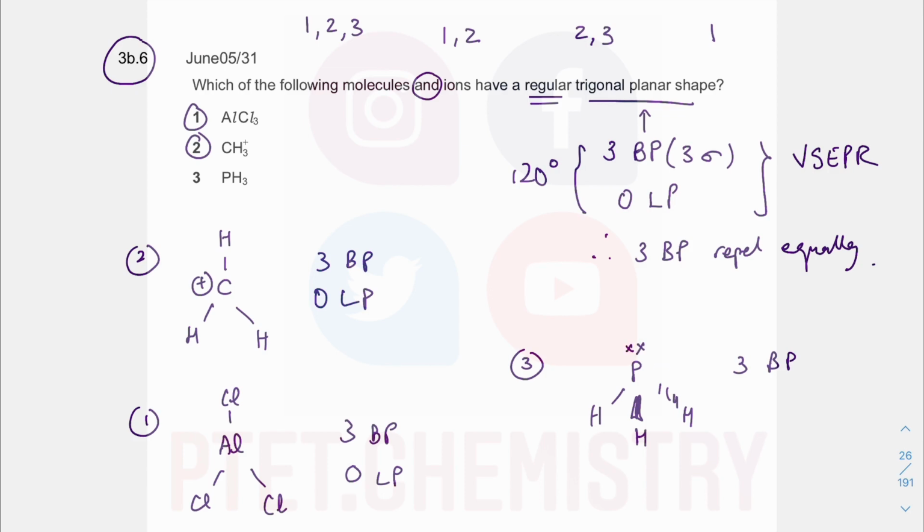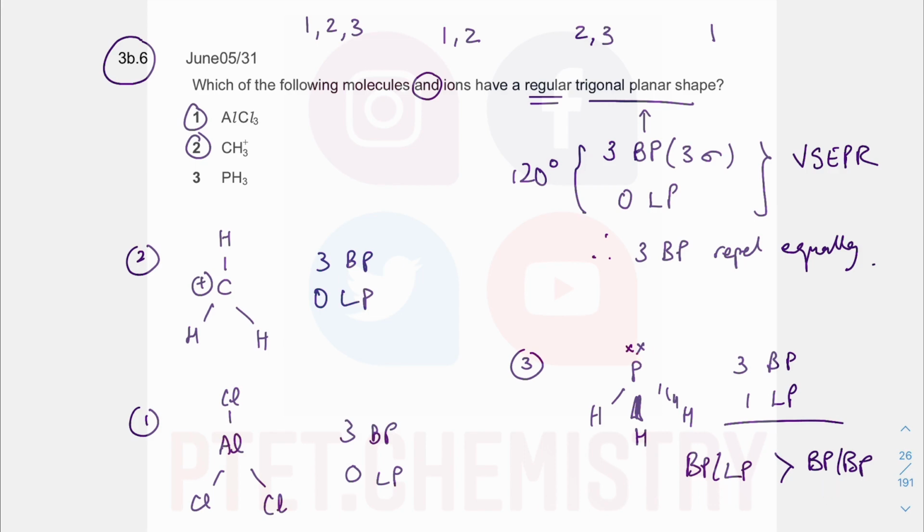They are not used for bonding, so you've got 1 lone pair of electrons. Because we talk about electron pair repulsion theory, lone pair-bond pair repulsion is greater than bond pair-bond pair repulsion. Previously, your 3 bond pair repel equally, but here they don't repel equally. In fact, if you have 2 lone pairs, such as in water, they will repel even more between the lone pairs compared to this, compared to that.